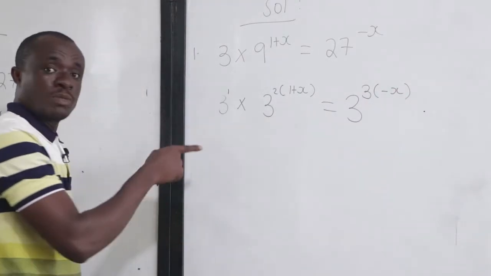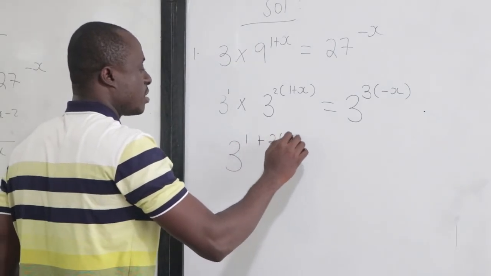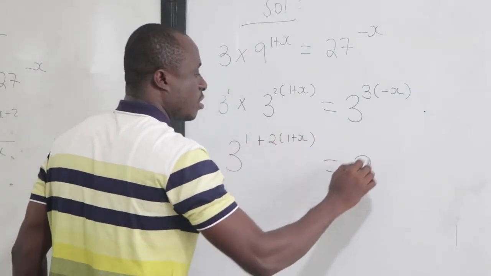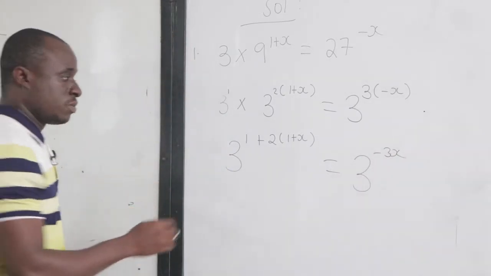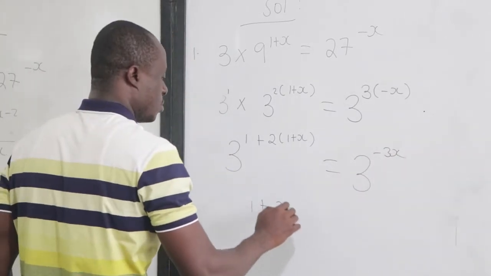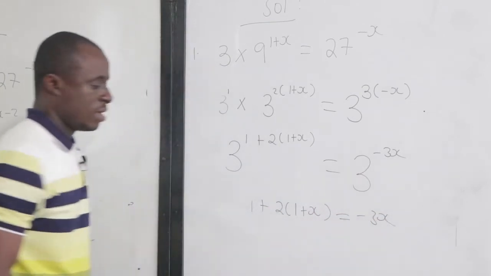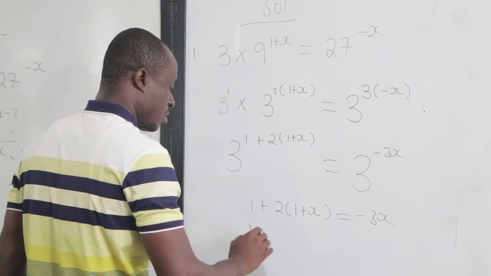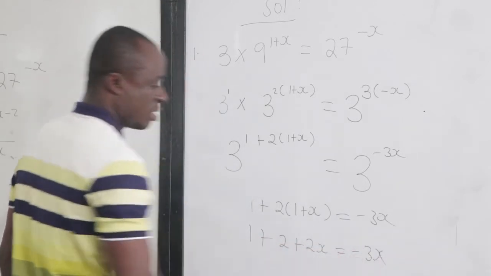Now, because we are multiplying, we have to add the exponents. So 3 to the power 1 plus 2 times 1 plus x equal to 3 to the power negative 3x. The bases are the same, we equate the exponents. So 1 plus 2 times 1 plus x equal to negative 3x.